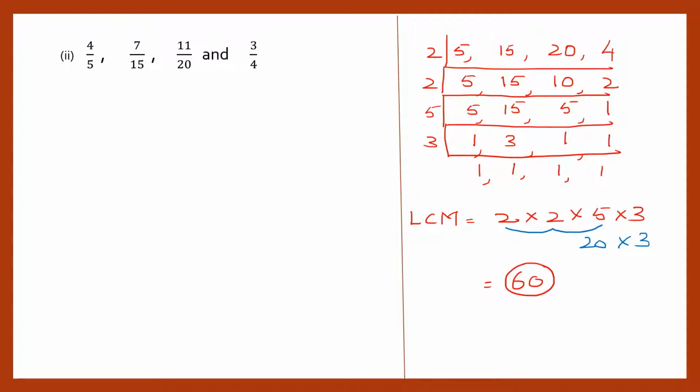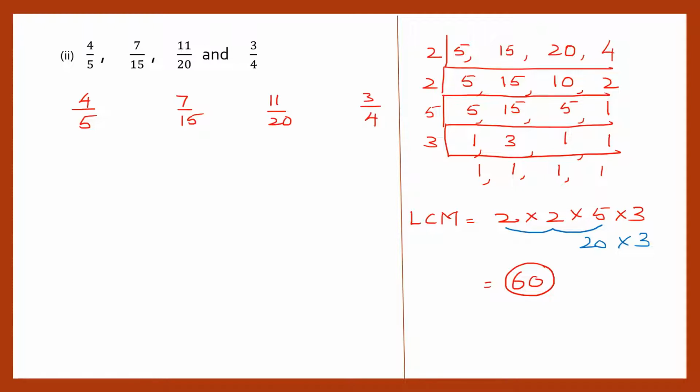So let's use this LCM to find the new numerators and to arrange the fractions in descending order. Okay, so let's go on. I'll write down the question again. 4 by 5, 7 by 15, 11 by 20, and 3 by 4.